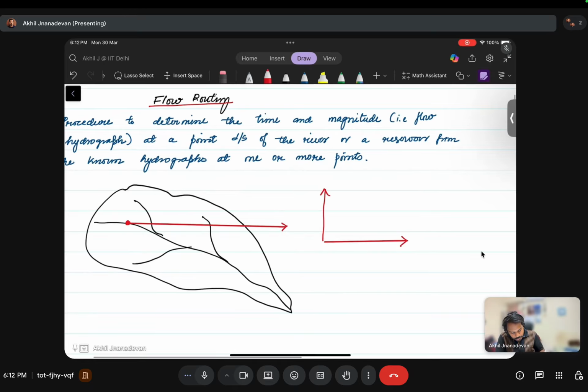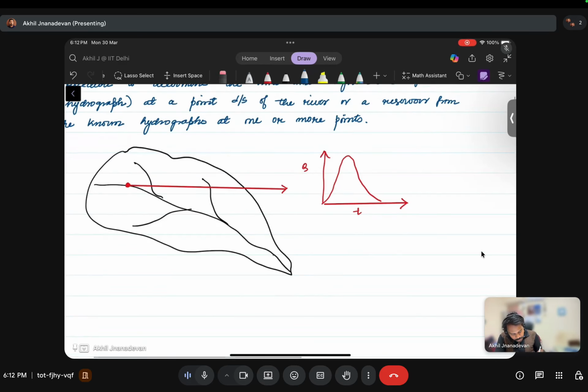This is the hydrograph at this particular point. This is Q versus time. We are taking another point towards the outlet, and this hydrograph is given, or we can say it is a gauge station here. So we have the hydrograph with us.